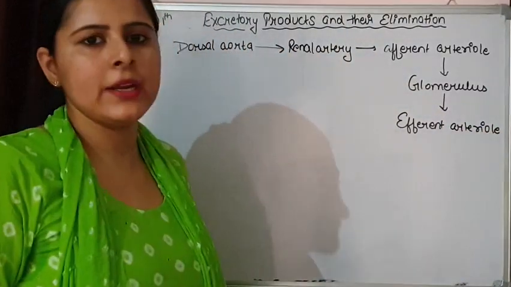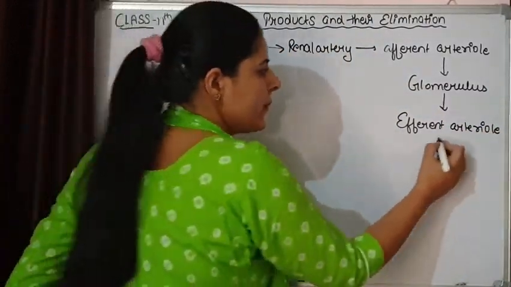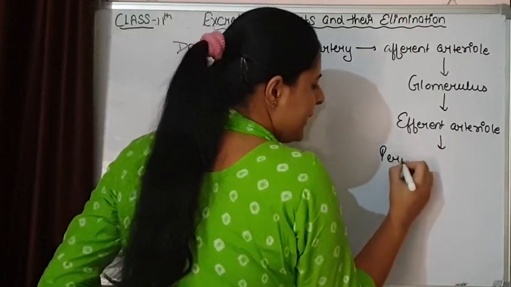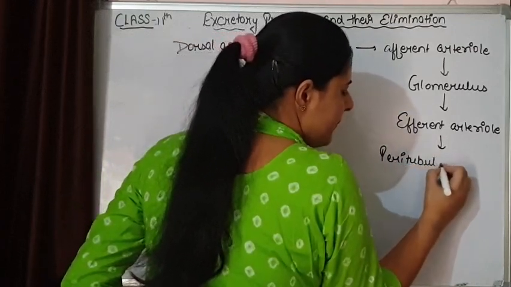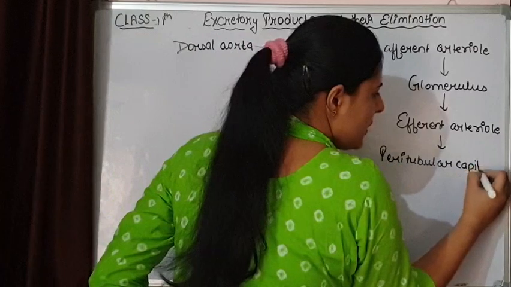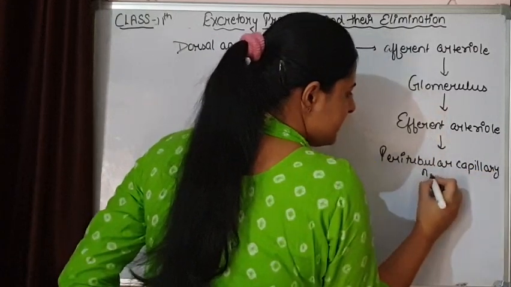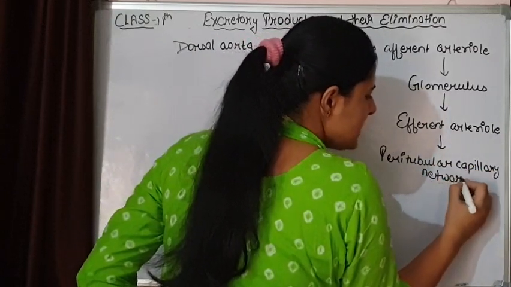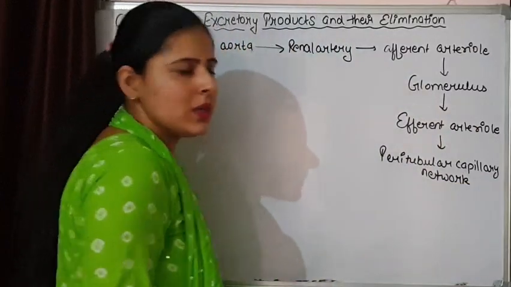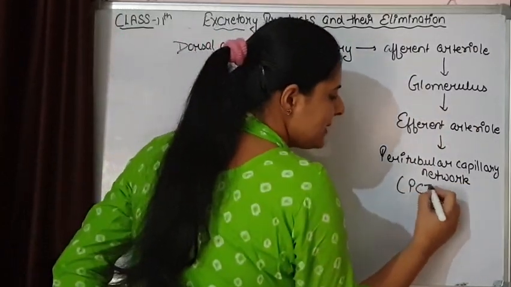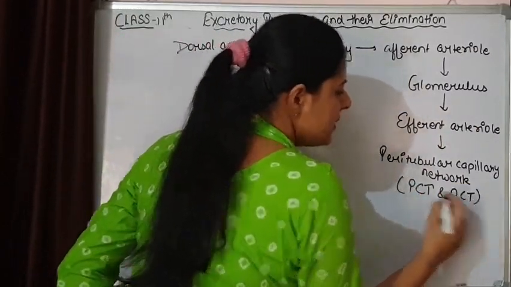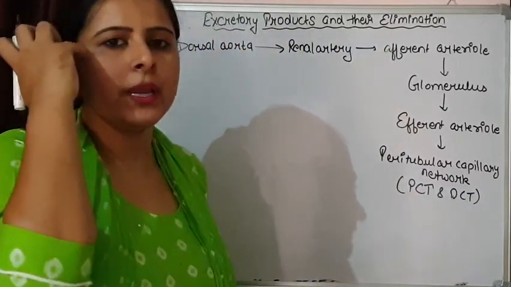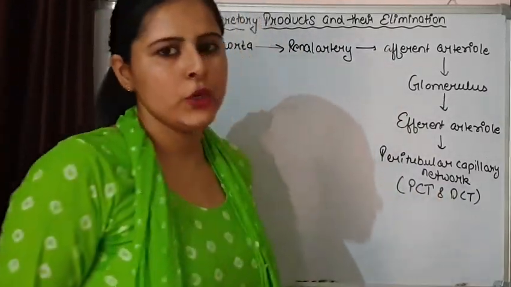This efferent arteriole is dividing into the peritubular capillary network, and this peritubular capillary network is going to surround the PCT and DCT, proximal convoluted tubule and distal convoluted tubules.